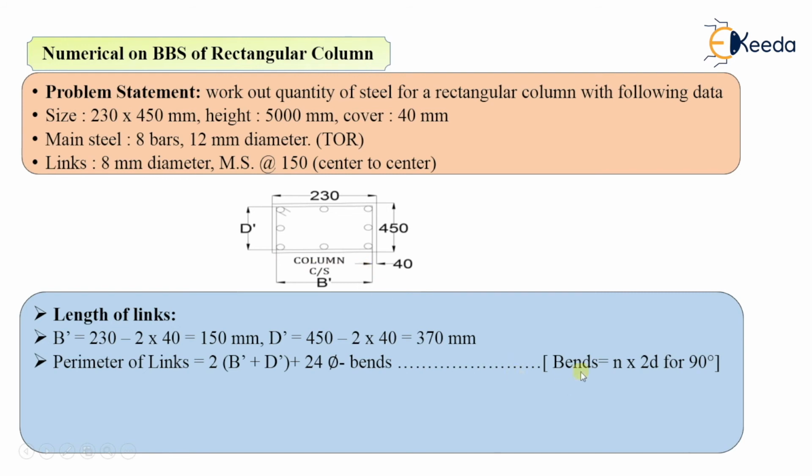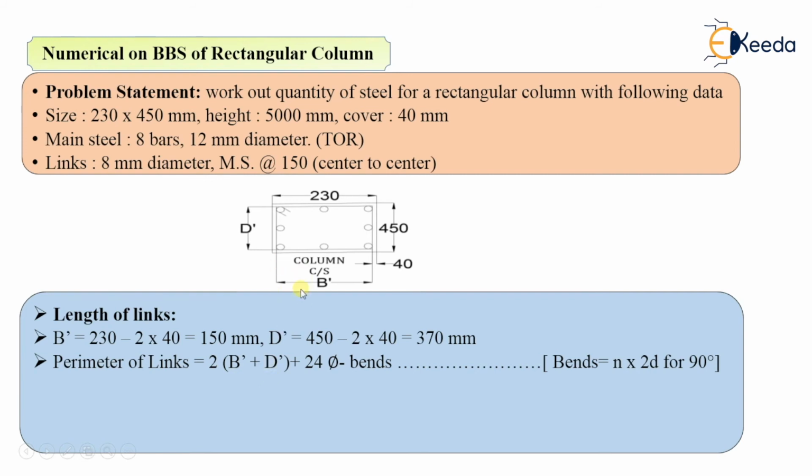Remember this, I have written here also, bends will be 2D for 90-degree bend, and number is n. What is n? N is the number of 90-degree bends. See, 90-degree bends are here, here and here. There are 3 such bends, and this is extra length that you have to add, and that extra length is taken as 24 phi. So the total perimeter will be 2 times B dash plus D dash.